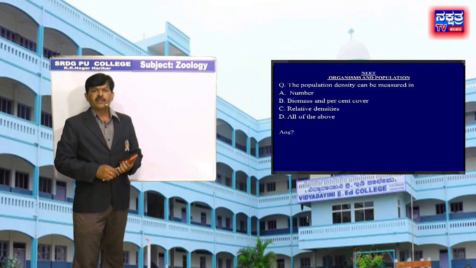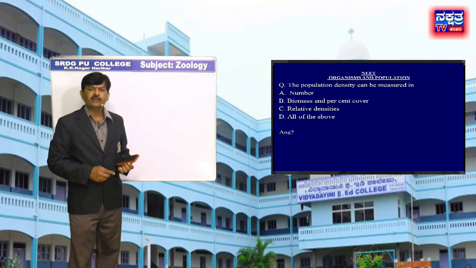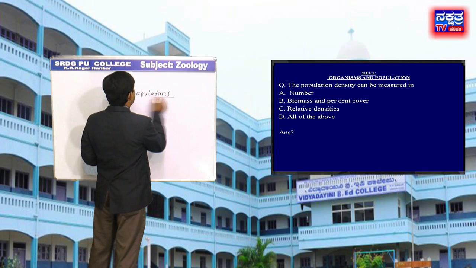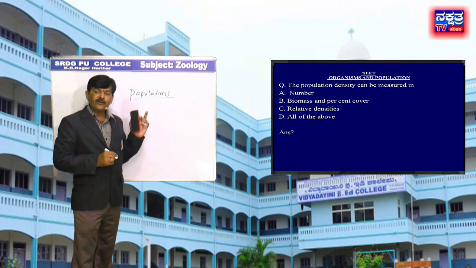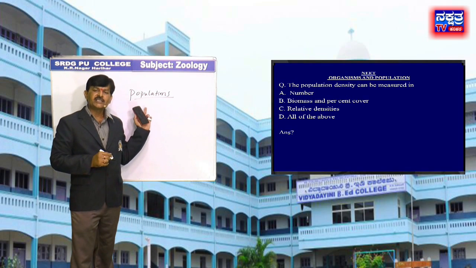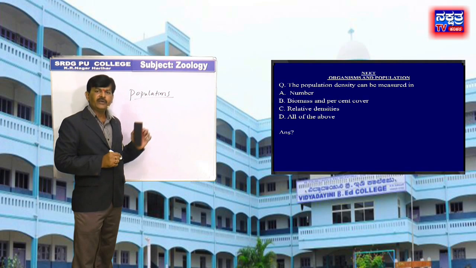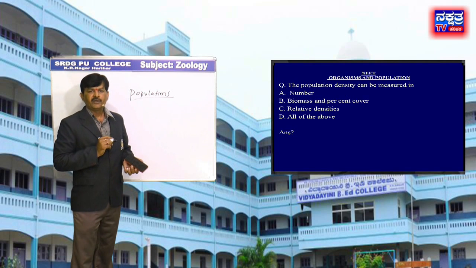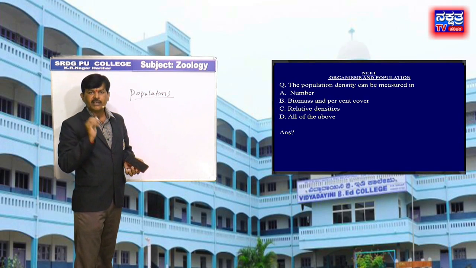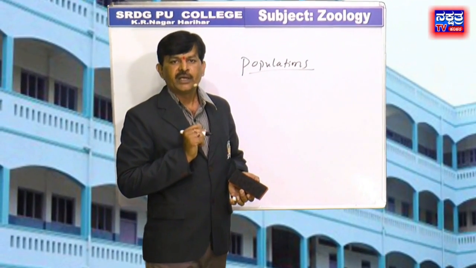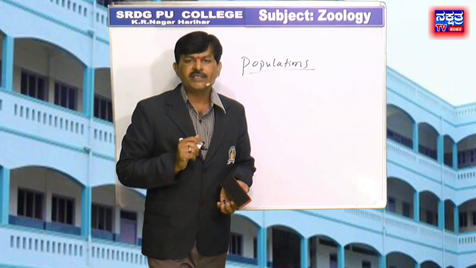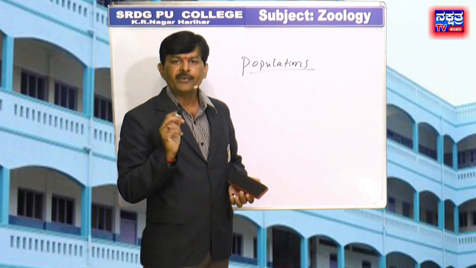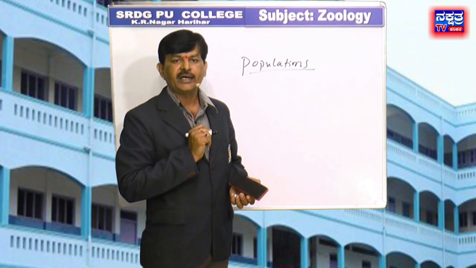In biology, populations are groups of individuals belonging to the same species that live in the same region at the same time. Population density is a measure of the number of organisms that make up a population in a defined area.